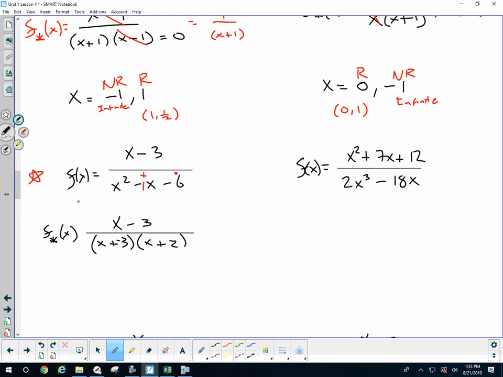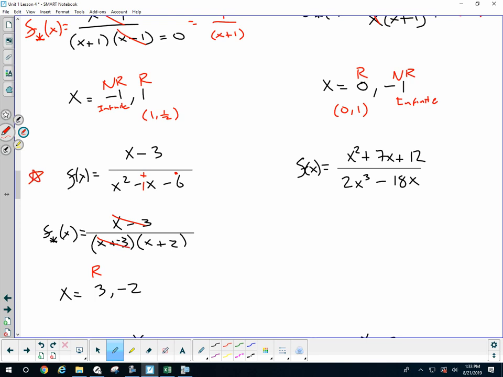Okay, so I can factor the denominator to be x minus 3 times x plus 2. I first know that when the denominator equals 0, that's when I'm going to have a discontinuity. So the denominator is equal to 0 at 3 and at -2. There are two ways to figure out that x equals 3 is my removable discontinuity. If I plugged in 3, I get 0 over 0. Or I can see that I'm removing that stuff.